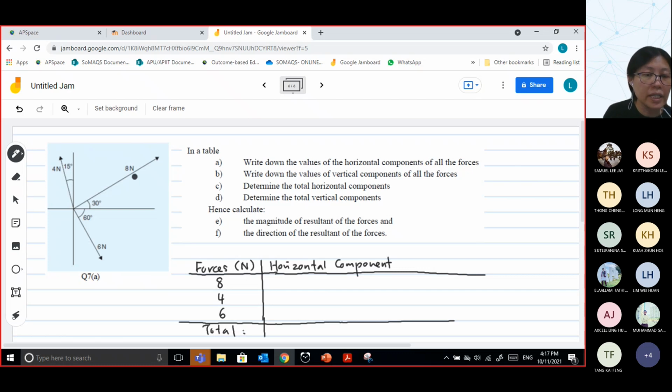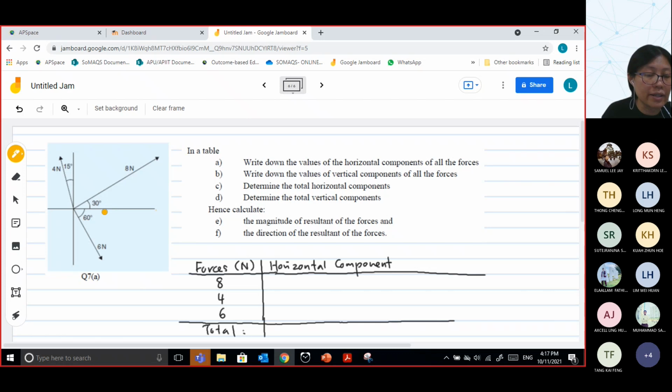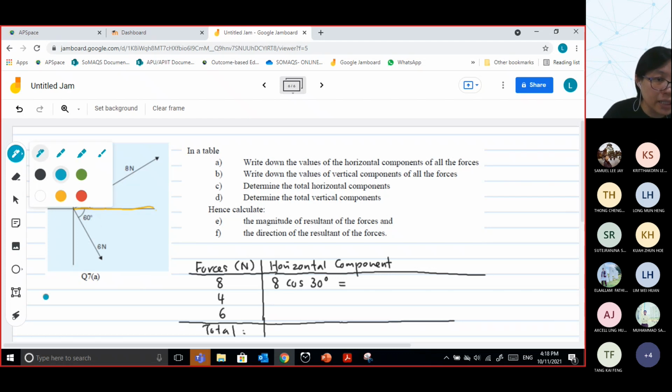For the 8 Newton, remember as I told you earlier, the easiest is always take the angle that is measured on the horizontal positive x-axis. So for 8 Newton in the first quadrant, we just take 8 times cos 30 degree. Then the second one, 4 is in the second quadrant. So let's calculate the angle.